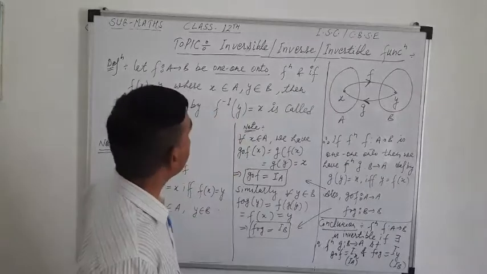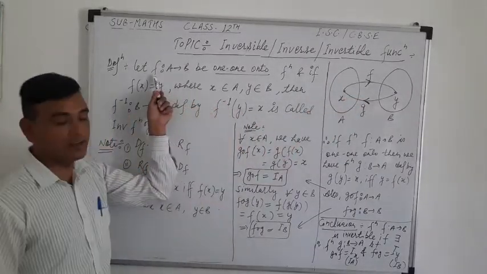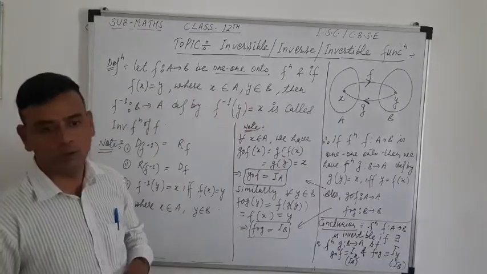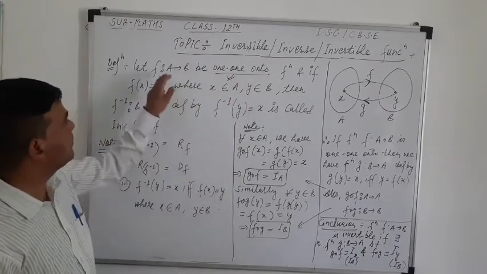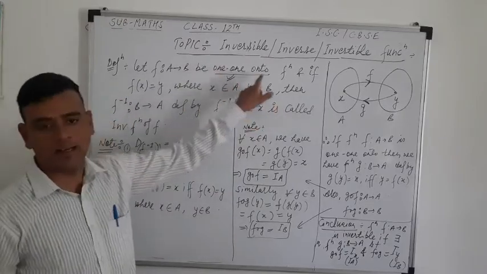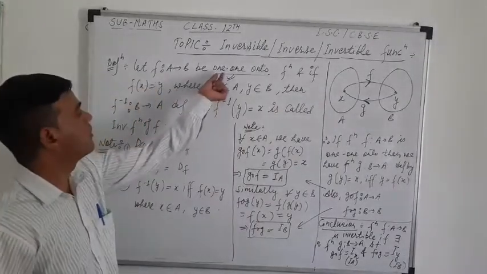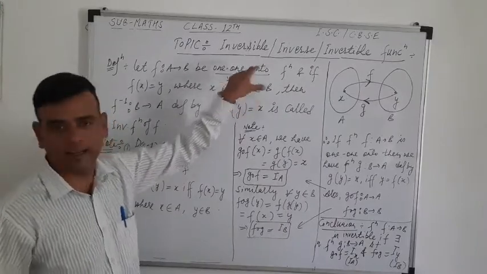So if we have a given function f such that A tends to B is 1-1 and onto, and you already have a better understanding of 1-1 and onto functions, which does not need to be explained again here.